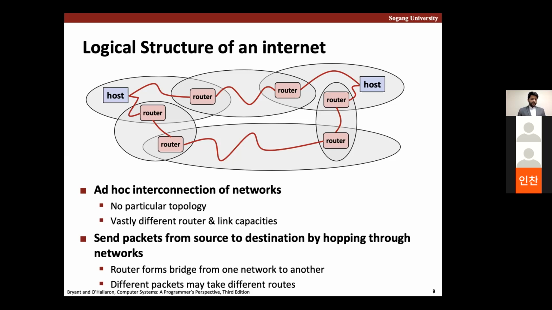We see that the host has two routers connected. One goes directly to the host, and the other goes through a separate bridge, which is the bottom one, going to the right host again. So different packets may take different routes, and this is the structure that shows how those bridges form an internet in reality.